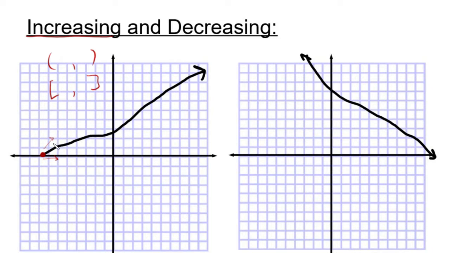And if you look here, when you follow the graph with your eyes to the right, it's going up. It's still going up. It leveled off a little bit, but it's still traveling up. Now, here, it looks like it has stopped traveling up, and I'm going to pretend that it did stop, for the sake of showing you how to write an interval.